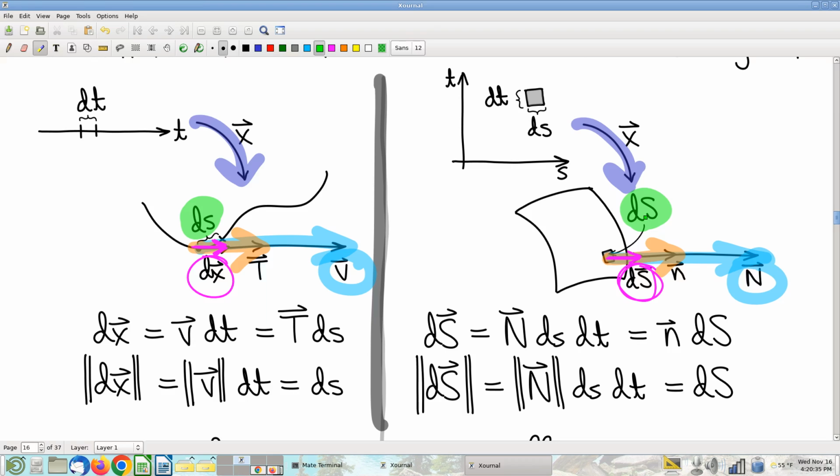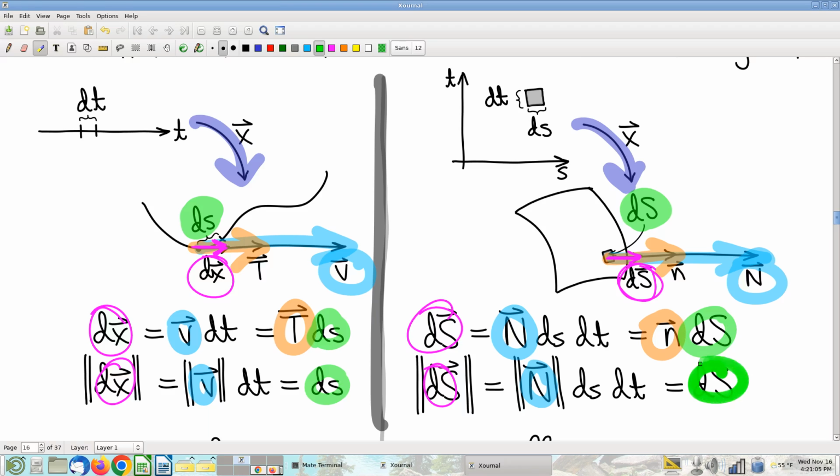Where it starts to get really interesting, though, is when you start making the connections with the various formulas relating these quantities. So notice, for example, the dx vector, the ds vector. We have the velocity and the capital N. We have then the unit tangent vector, the unit normal vector. We have the length differential, the area differential.